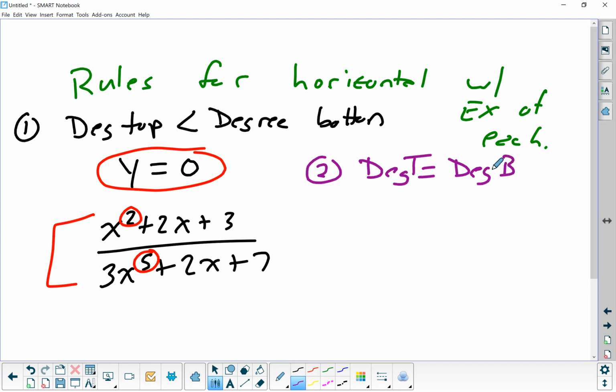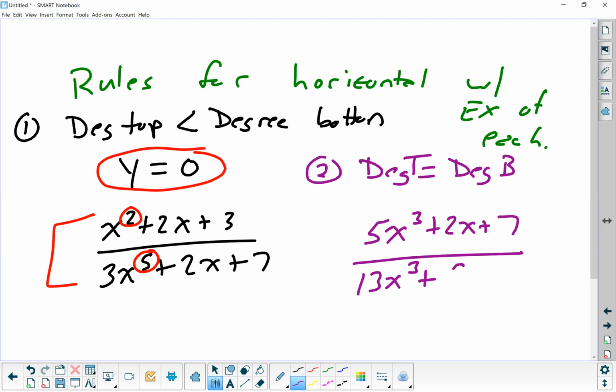So what that looks like would be, let's say we had 5x to the third plus 2x plus 7 over, let's go 13x to the third plus 5x plus 8. What we're going to do here is say y equals the ratio of the highest exponent terms, since those are the same, so we're going to get 5/13.